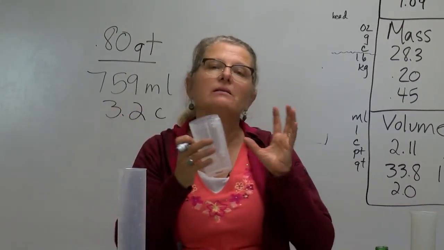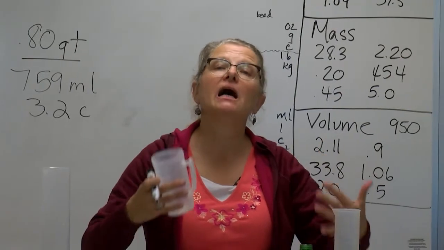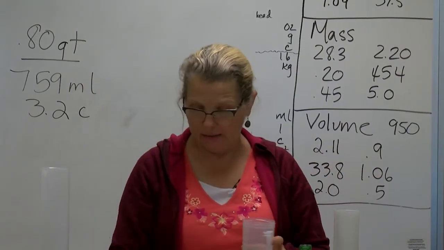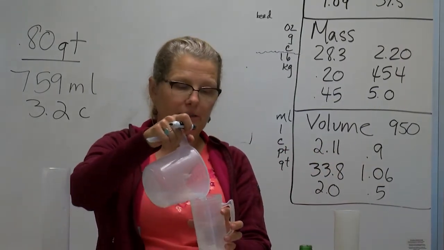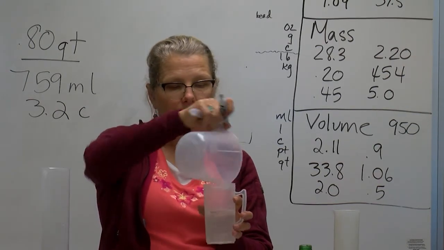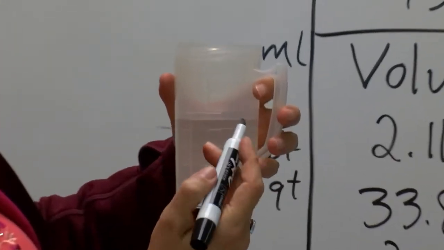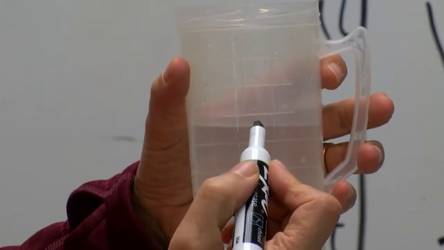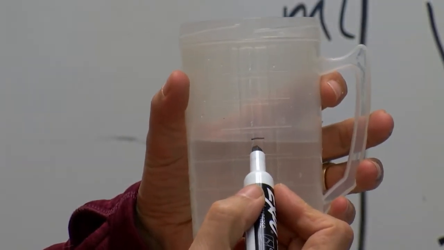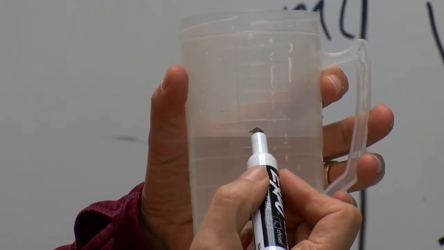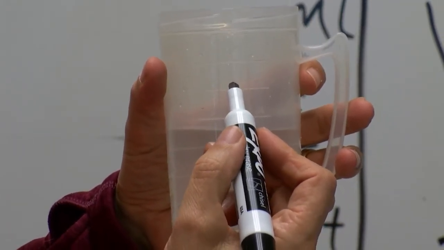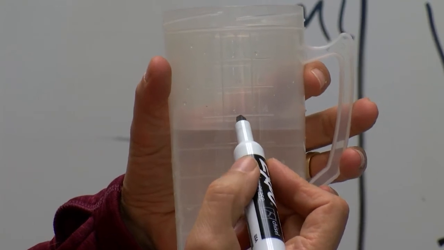Remember, I'm using the same amount of water and measuring it different ways. So far, there's 1 pint. This is half of a pint here, so 0.5, and this would be 0.75.